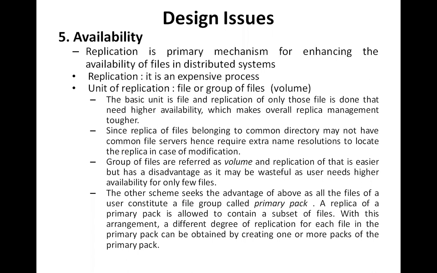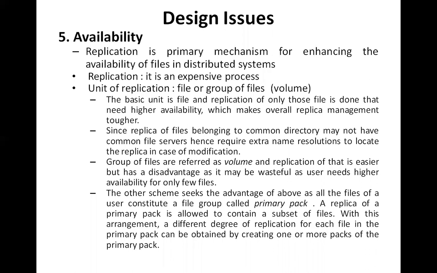Now there may be situations that cause inconsistency among the replicas. The first may be that a replica is not able to be updated because of the failure of the server which is storing that replica.